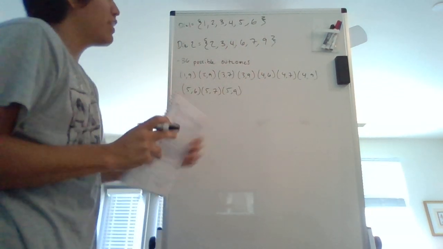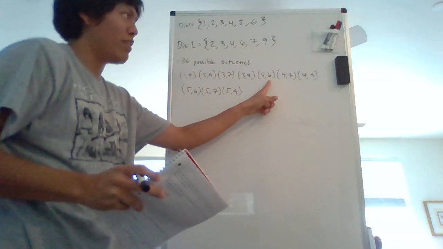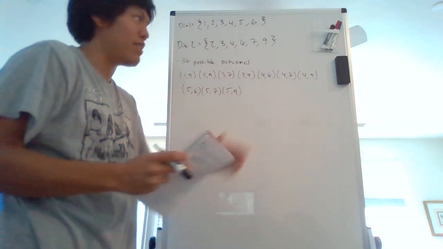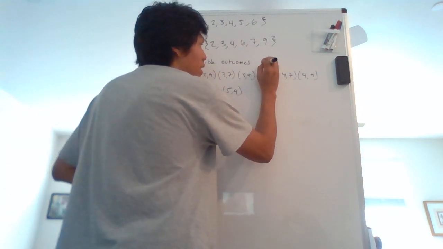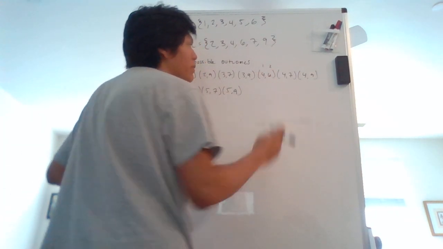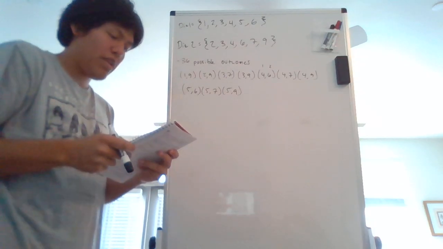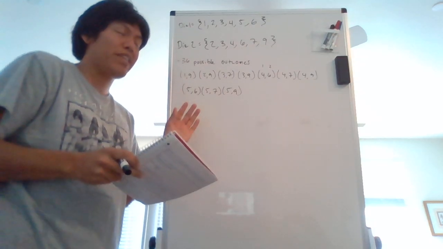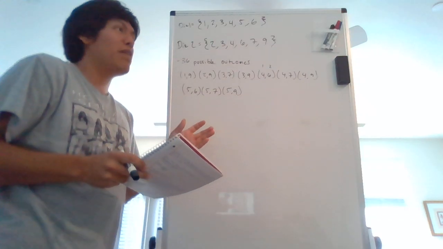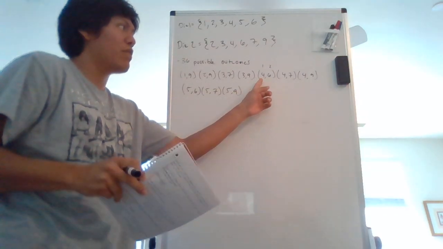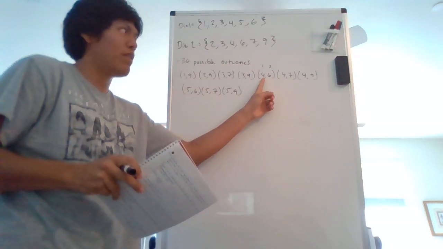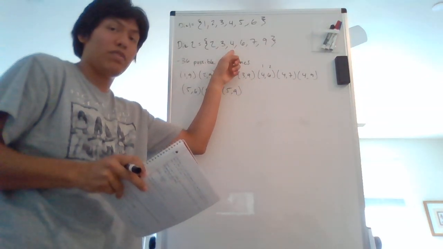Now, you'll notice that we already have a 4 and 6 right here. The 4 came from die 1, the 6 came from die 2. But this would technically be considered a different combination, because now the 4 is coming from die 2.